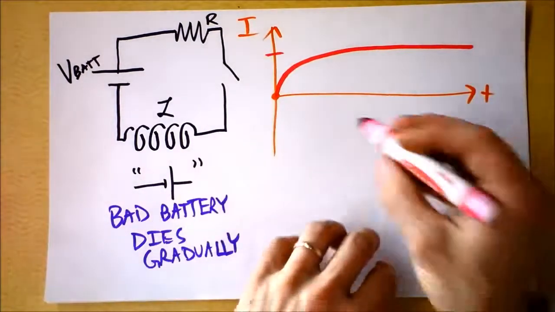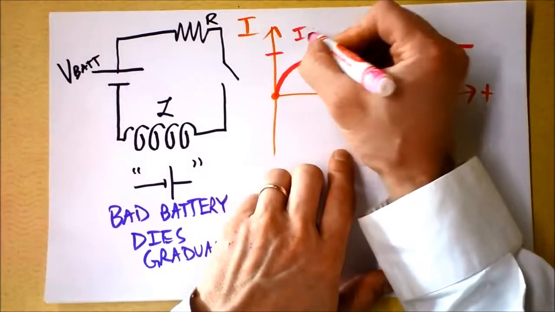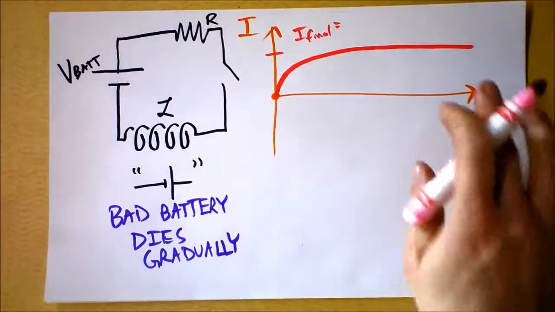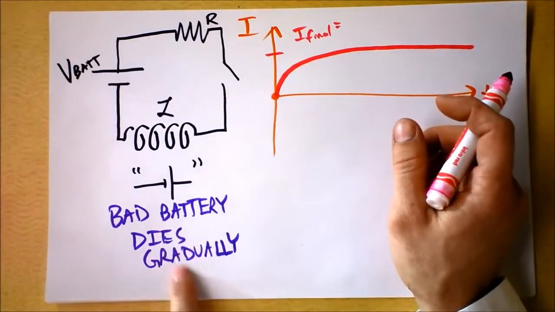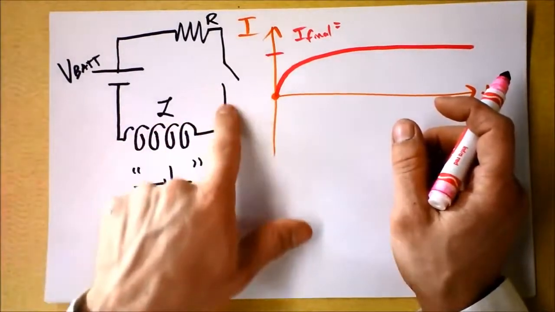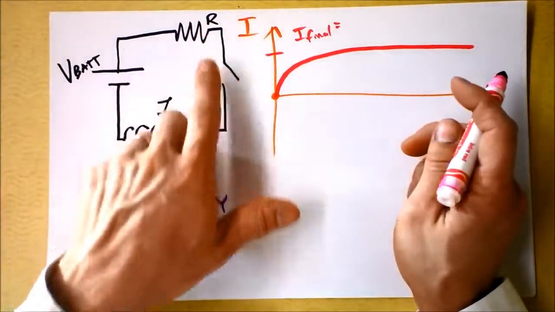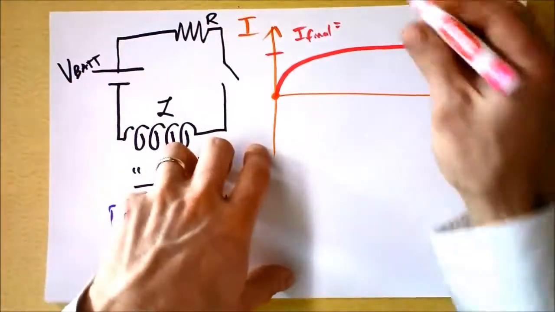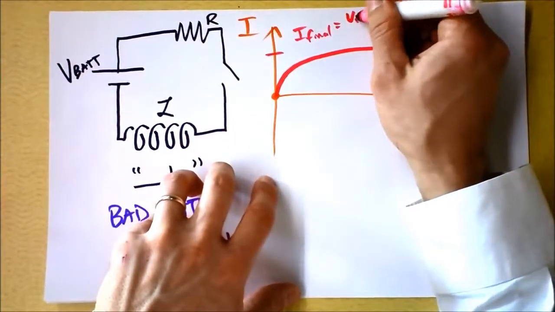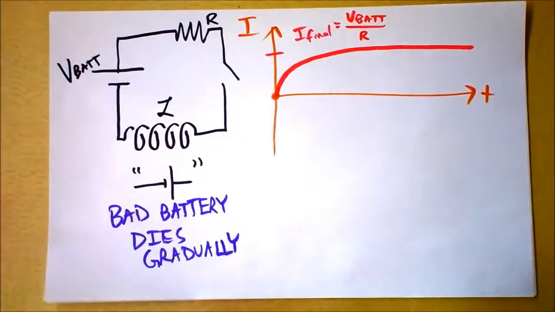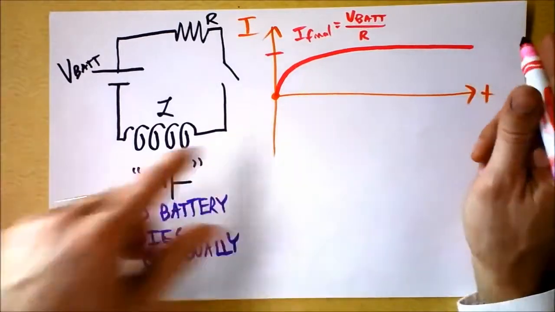Do you think you can figure out what that current is there? I'm going to call that I final, and I'm going to say that it probably is, well, when the bad battery is completely dead, then this will be a line, and this will be a line, and then we'll just have V and R in here, and V is IR, so this current is going to be the voltage of the battery divided by the resistance of the resistor. It will ultimately reach that gradually.